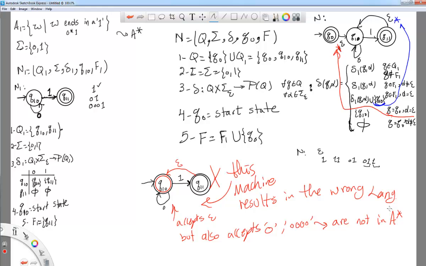So this is a counter example, and remember earlier I talked about the idea that it would be a bad idea if I just changed the start state to an accept state instead of adding my own new accept state like I did here.